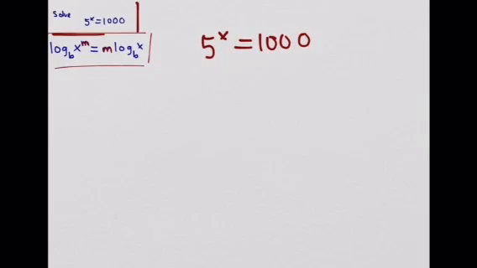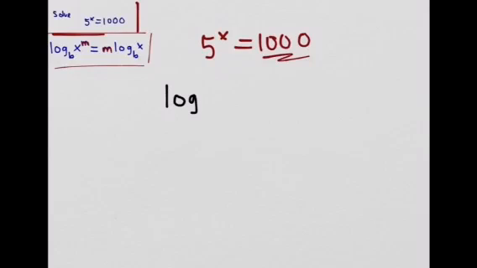Which log? That's the cool part. It doesn't matter. I can use log base 10, which I have in my calculator, for both sides. I'm going to use base 10 because this side is a power of 10. But if it's not, it still works, and I'll do more examples of that in more videos. So take the log base 10 on both sides of this equation, and I'll have log of 5 to the x equals log of 1,000.